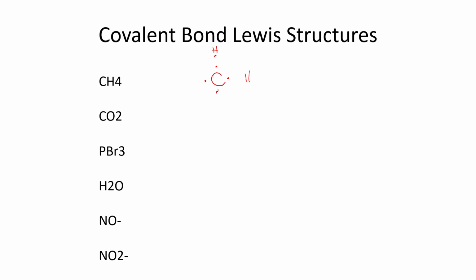So here's hydrogen's valence electron, and here we go for this hydrogen, and this is for this hydrogen. Now that we have drawn all of the electron dot symbols, all we have to do is play connect the dots. So these 2 bond, these 2 bond, these 2 bond, and these 2 bond. And that's our final Lewis structure for methane, or CH4.